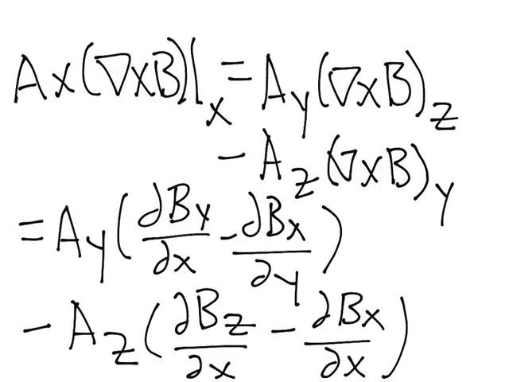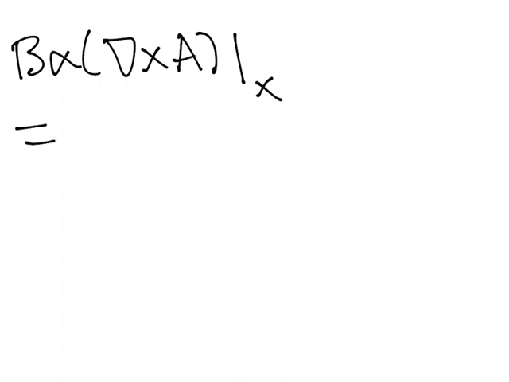So this is what we get for A cross grad cross B, and you will get the exact same idea for B cross grad cross A in the x direction using the same logic.